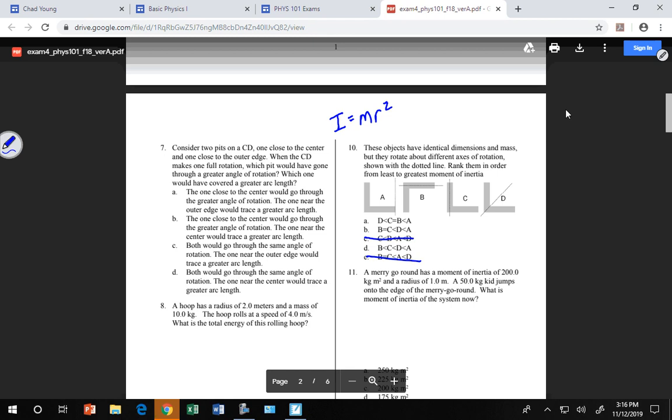Because for this little section, which is half the mass for all of this, R is equal to 0. And because R is equal to 0, it has no moment of inertia due to that. Now I have R due to this part, but that's only half the total mass. So whereas for A, all of the parts contributed to the moment of inertia, for B and C, only half of the thing contributes to the moment of inertia.